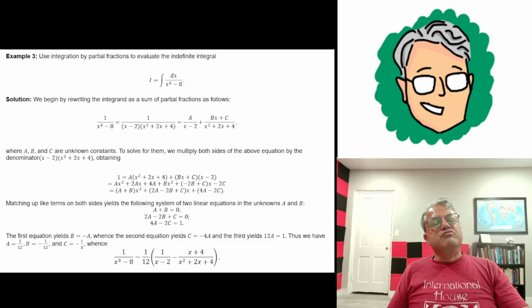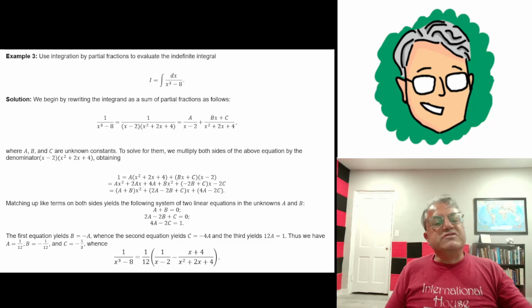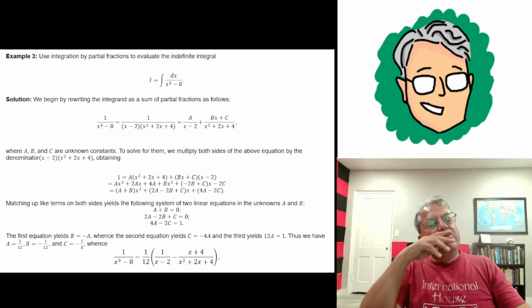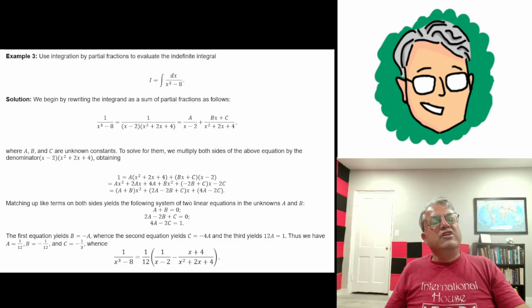It's a pretty easy system to solve. The first equation gives you B equals minus A. When you plug that into the second equation, you get C equals minus 4A. And finally, the third equation is going to give us 12A equals 1. We've expressed everything in terms of A. So A is 1/12.